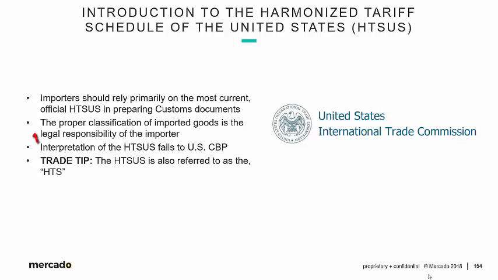Third bullet, interpretation of the HTS US falls to USCBP, especially as it relates to the classification of goods. Quick trade tip, and we'll be using this truncated version. The HTS US is also referred to as the HTS.